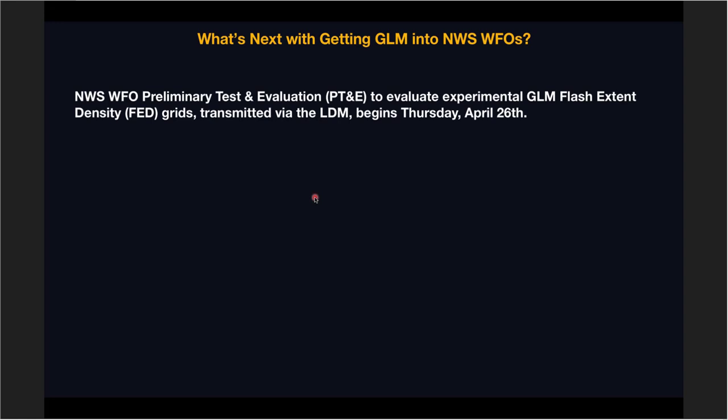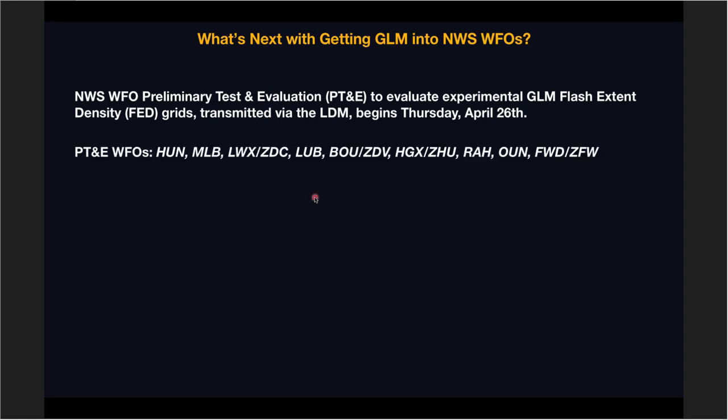It's not going to be an evaluation on how to use the product, but more about performance of the product in AWIPS. That's going to begin tomorrow. The WFOs associated with this PT&E are Huntsville, Melbourne, Sterling, Lubbock, Boulder, Houston, Raleigh, Norman, and Fort Worth, and their associated CWSUs if they have them.